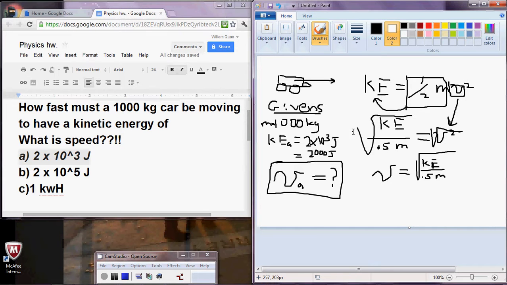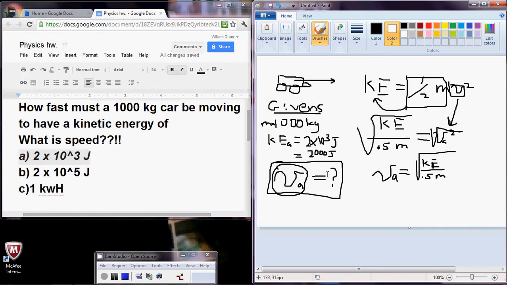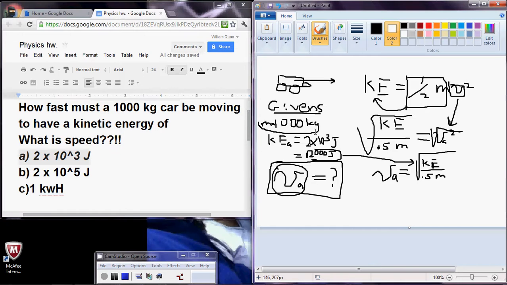Now we've isolated the velocity of what we wanted. So now all we have to do is plug in. 2,000 joules goes in for kinetic energy, and the mass of 1,000 kilograms goes in right there.